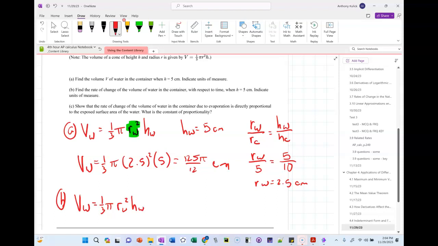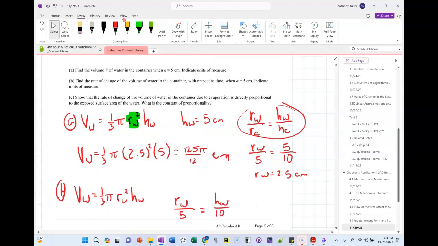And I know from here that the radius of the water over 5 is equal to the height of the water over 10.